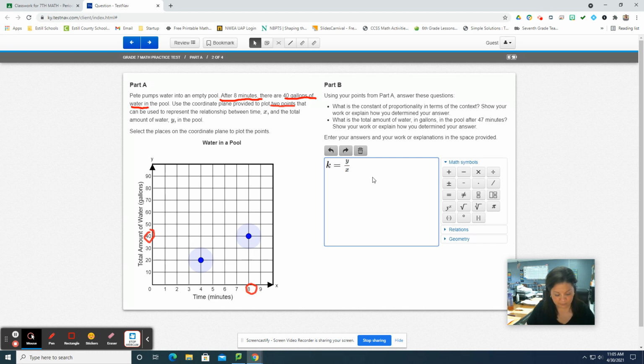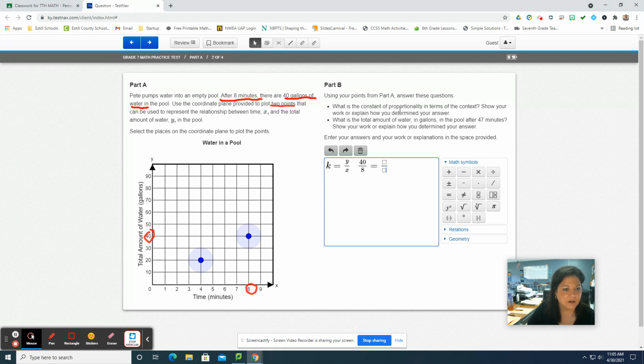And so now I'm going to go back over here and I'm going to use my equals again. And I'm going to make 2 fractions because I know that I have to make a proportion. And my first fraction is going to come from my point, my coordinate (8, 40). So my y is 40. That's what it says in the problem. My x is 8.